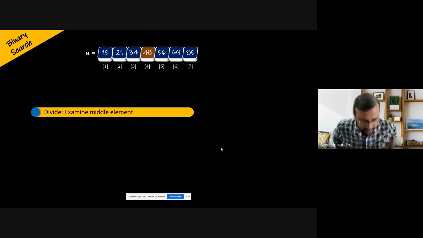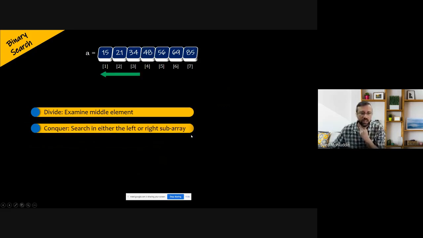Here in binary search, dividing is nothing but examining the middle element, and based on the middle element, we divide. If the key is not found, then we divide. The conquer phase is to search the left or the right half of the array and then get the solution.